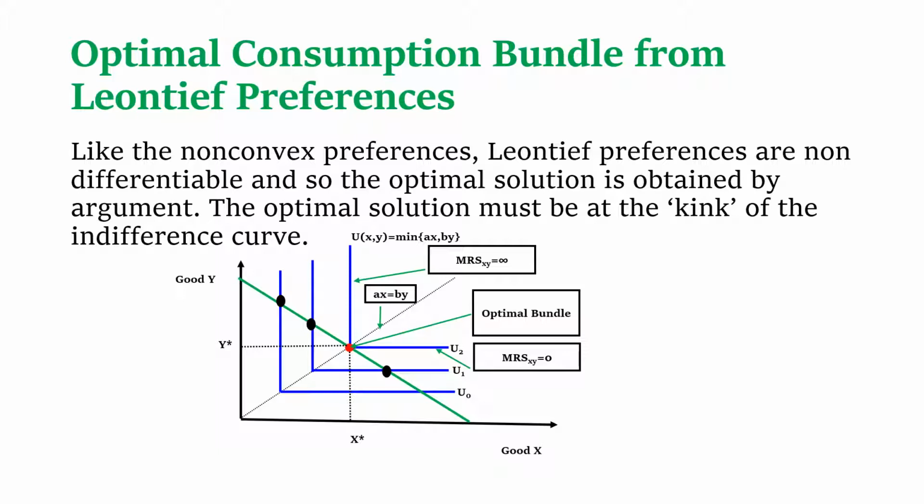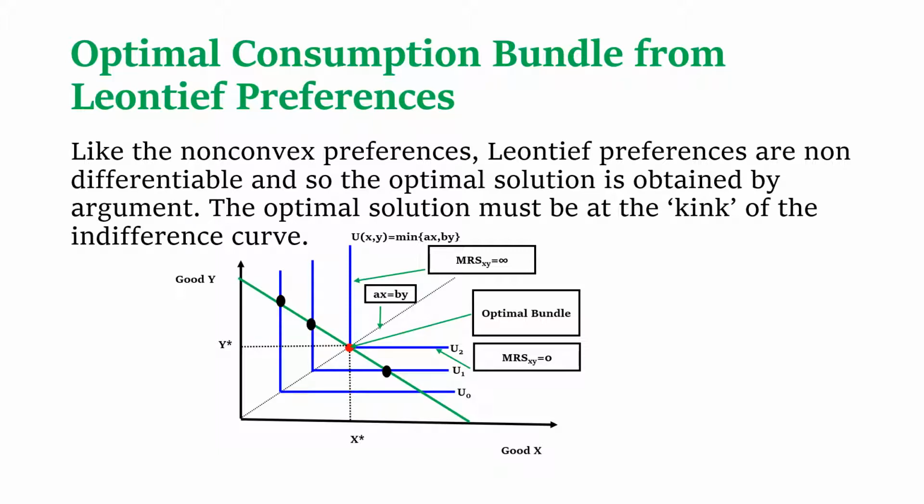As a matter of fact, the optimal bundle here is obtained by increasing the amount by an equal value. So the optimal solution must be at the kink of the indifference curve.